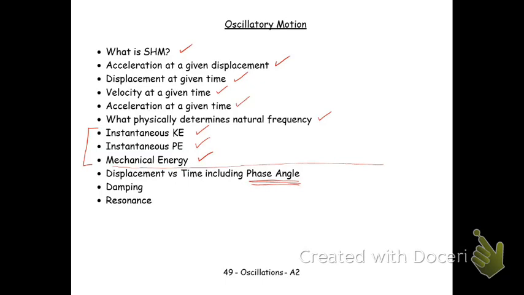Another practical thing we can talk about is damping. You don't always have an oscillation which goes on forever. Sometimes energy is lost, especially through friction to thermal energy, and then you lose it from the mechanical system. Oscillators and pendulums stop swinging after a while. So can we model damping?